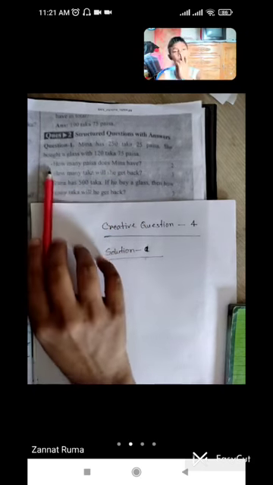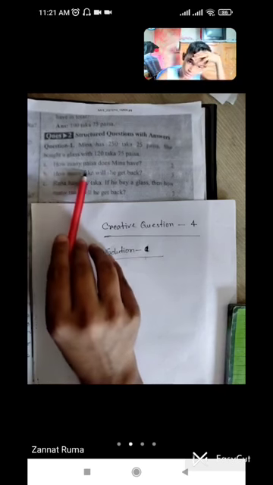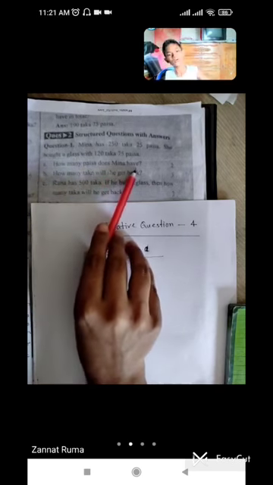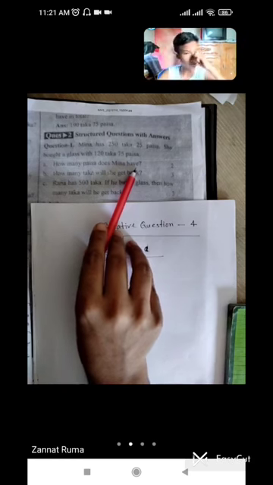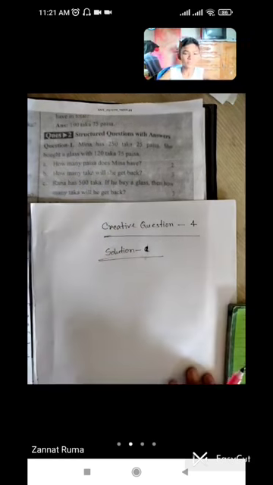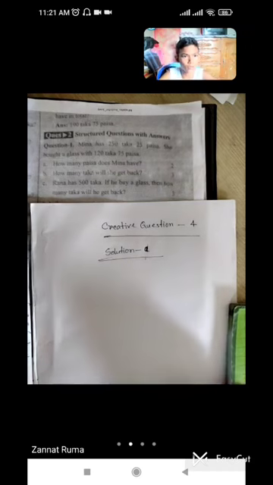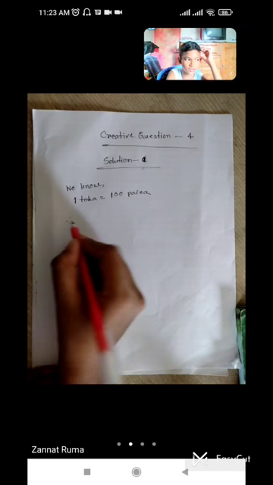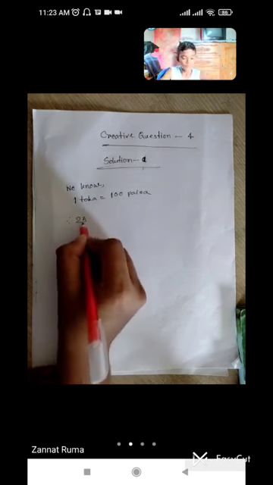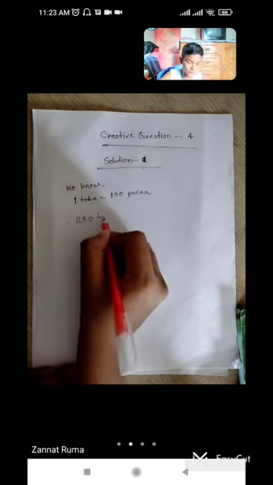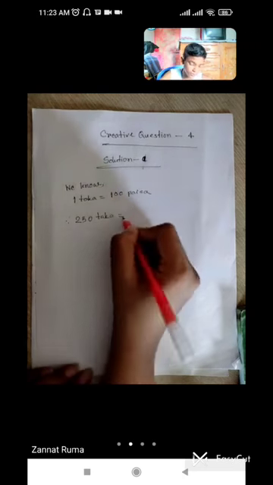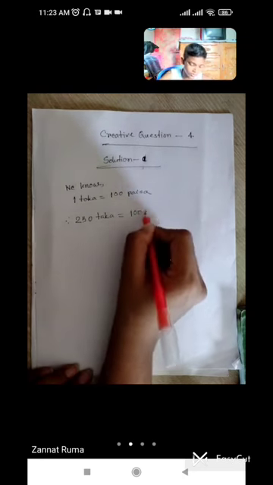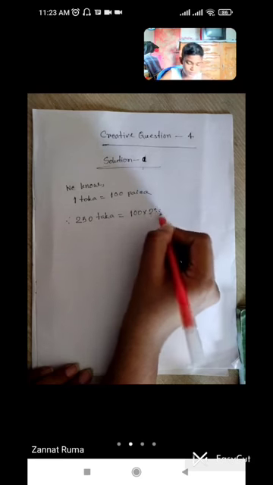So at first I am going to solve number A. How many paisa does Mina have? That means you need to find out in total how many paisa was with Mina. Okay students? We know 1 taka equals 100 paisa. Then 250 taka equals 100 into 250 paisa.